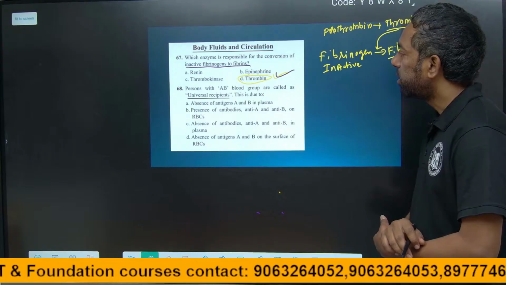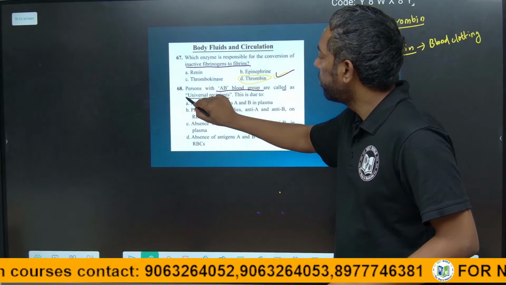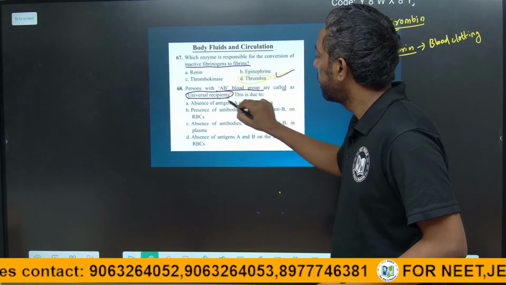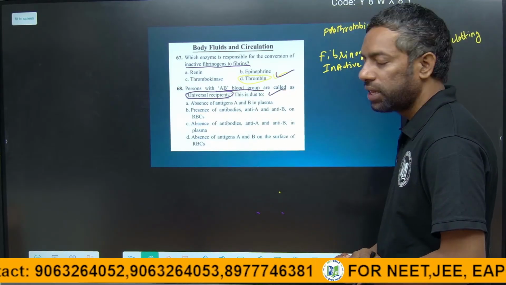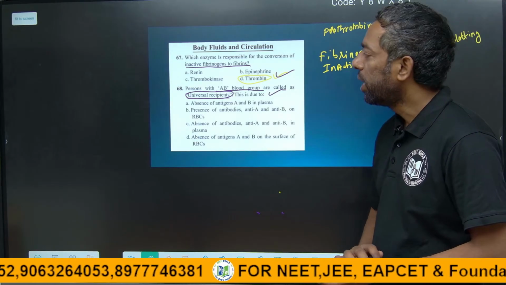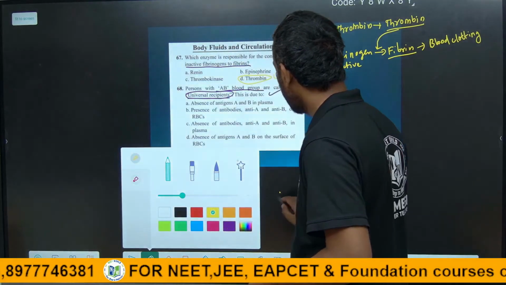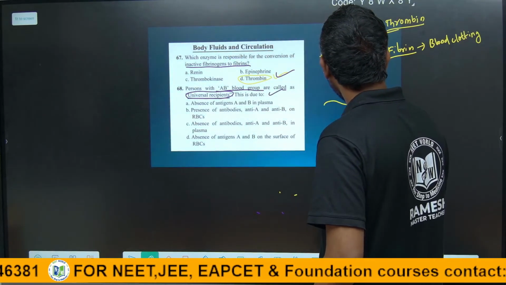Next, the person with AB blood group is called the universal recipient. This is due to the blood groups AB, O. Okay, AB blood group, this is RBC.